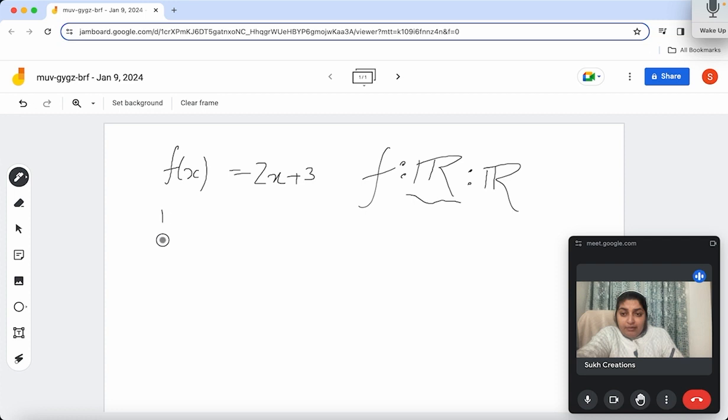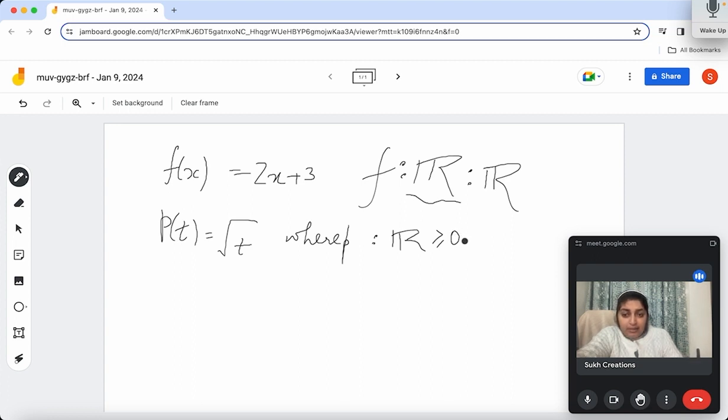Now if we take another function like p(t) = root of t, the square root of t, here p will be defined for real numbers greater than or equal to 0.